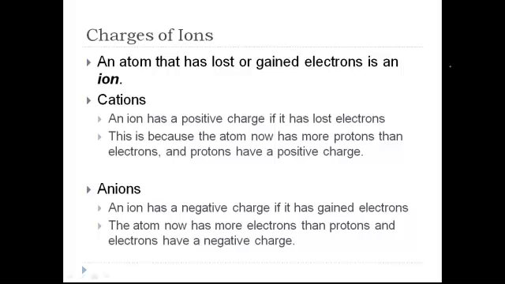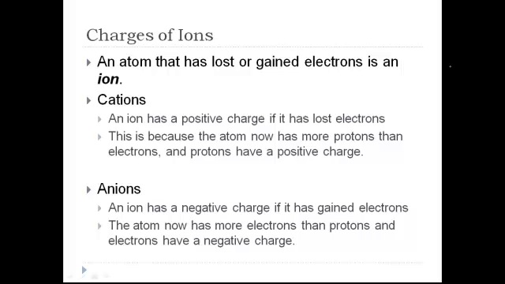Electrons are negative. If you lose a negative electron, now you have more protons than electrons. Protons have a positive charge, so the ion's going to be positive. If an atom gains electrons, it gains negative electrons, it's going to have a negative charge because of the extra electrons, and these are called anions.